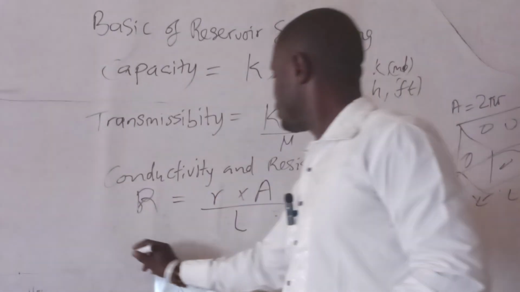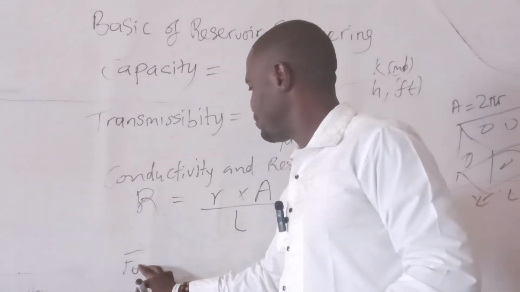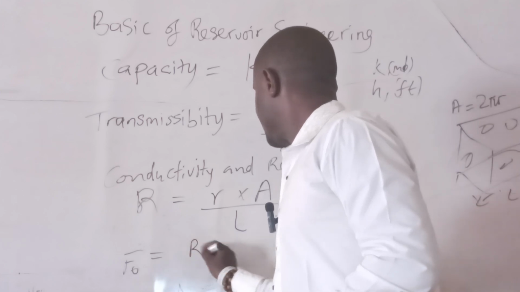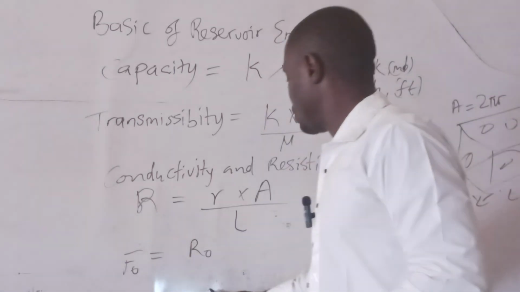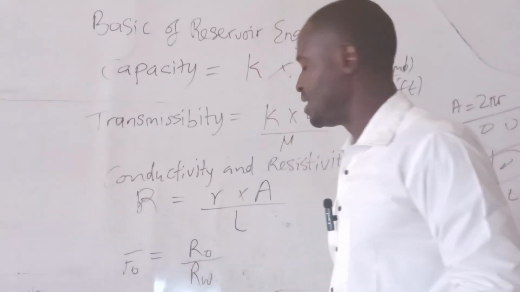From here, we get to know that our formation resistivity factor is equal to the resistivity of the non-conductive phase over the resistivity of the conductive phase.